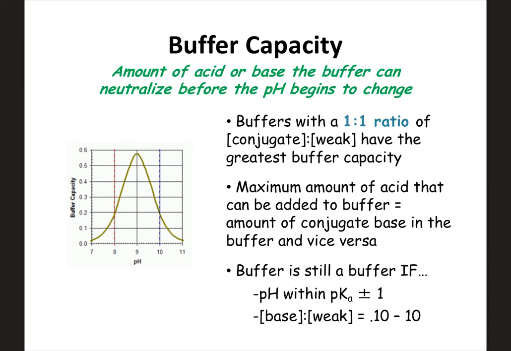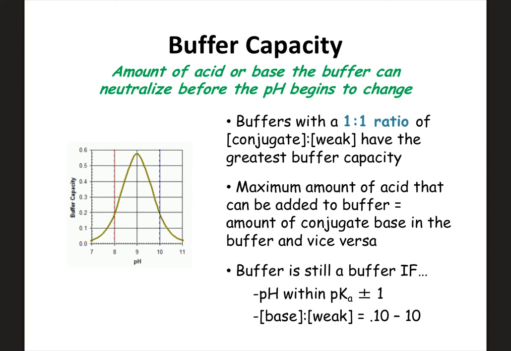You have equal amounts of the weak and its conjugate, so there's equal amounts there ready to react with any added acid or base here. Essentially, the maximum amount of acid that could be added to a buffer would be equal to the amount of conjugate that you have present in your buffer. And then vice versa, the amount of base that could be added to a buffer depends on the amount here of the acid part of your buffer that you have in it.